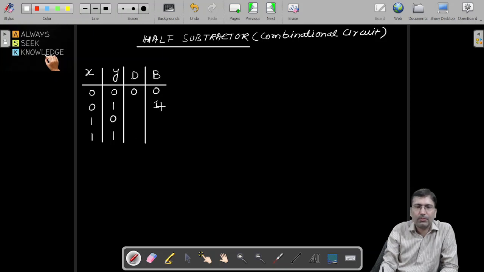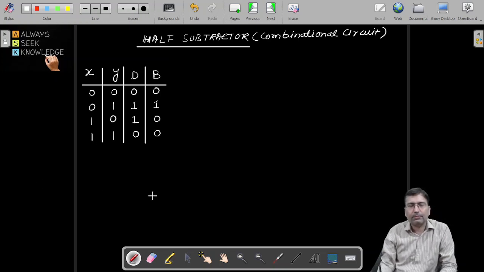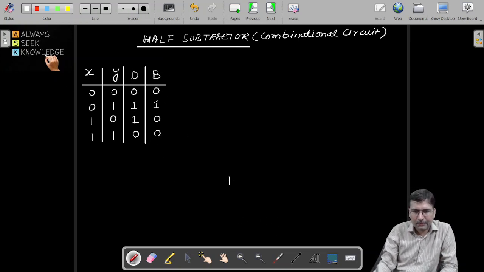So borrow must be 1. And if you are borrowing something from the second place, it will act as 2 minus 1. The difference will give us 1. But in case it is 1 0, when you subtract 0 from 1, it will give us 1 only, and there is no borrow. We need not borrow anything. In case of 1 1, the difference will be 0 and borrow will also be 0. I hope there should not be any difficulty to understand this truth table, right?